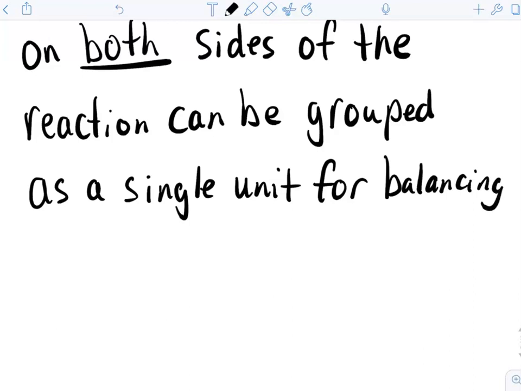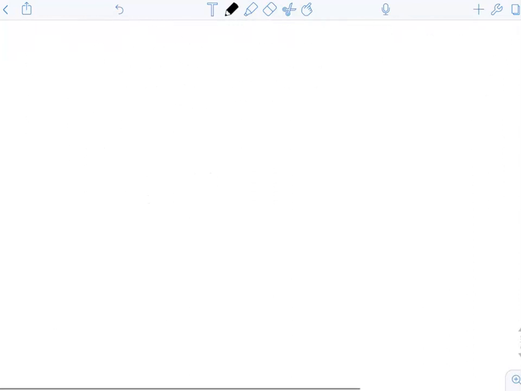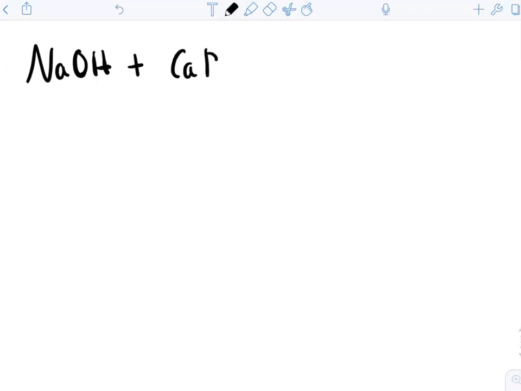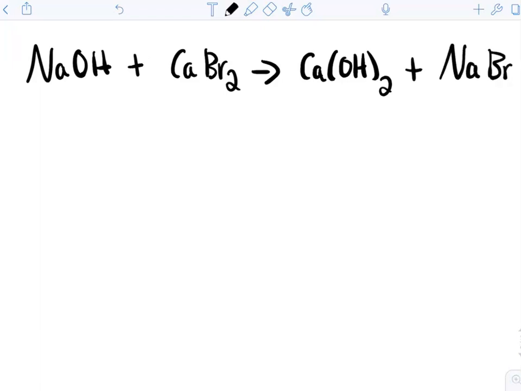What we mean by that is, for example, if we had NaOH plus CaBr2, it's going to give us Ca(OH)2 plus NaBr.